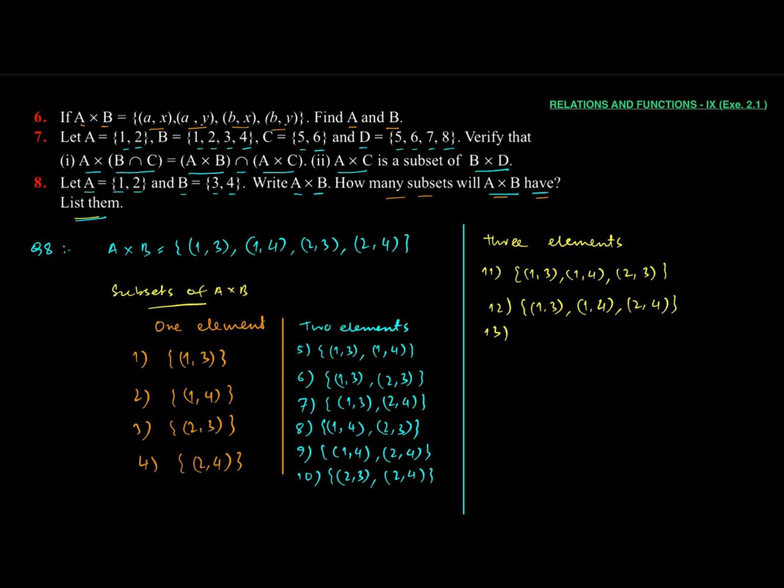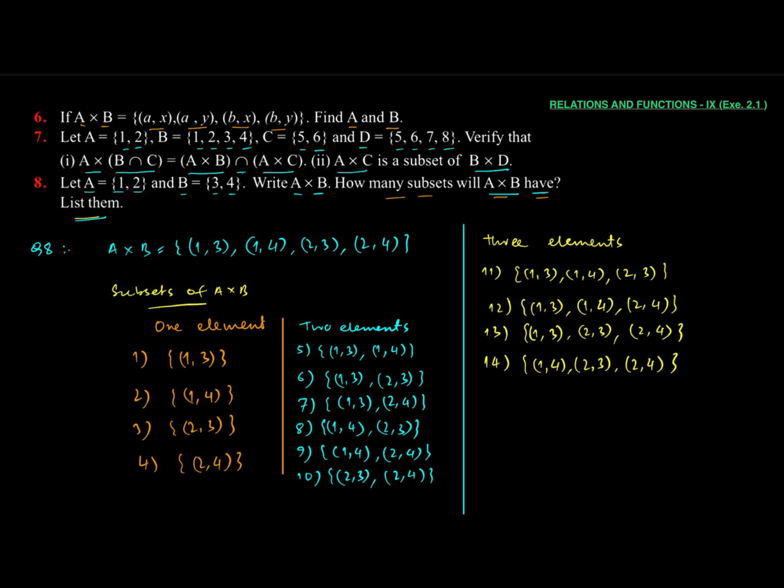Similarly, the 13th subset will be having elements 1 3, 2 3 and 2 4. And the 14th subset will be having elements 1 4, 2 3 and 2 4.